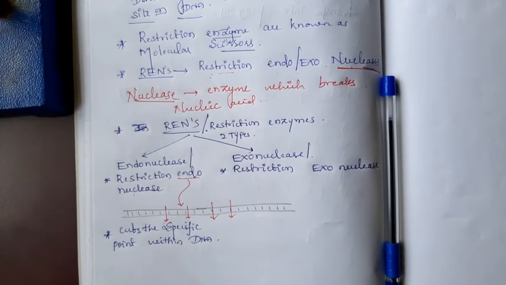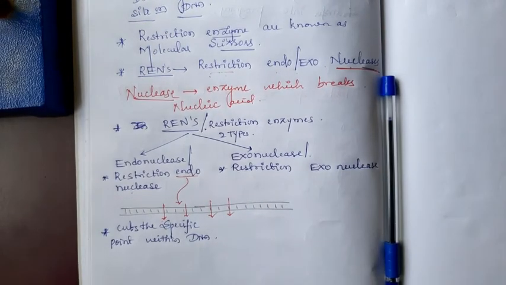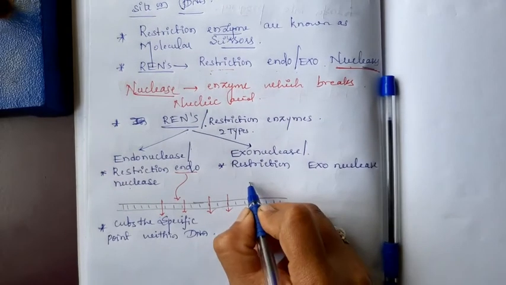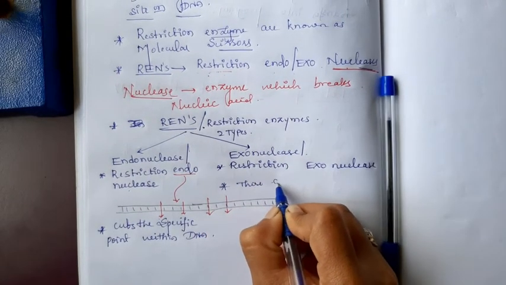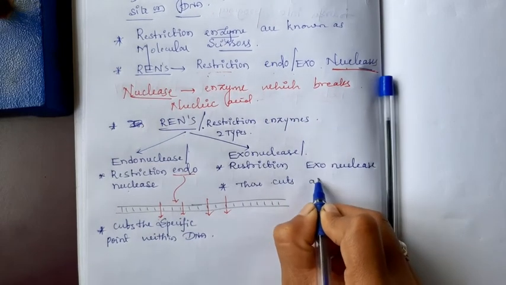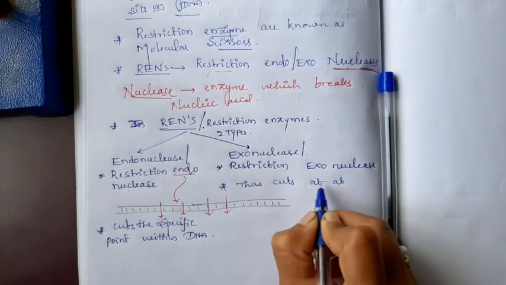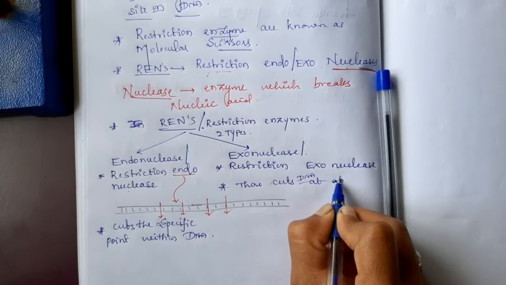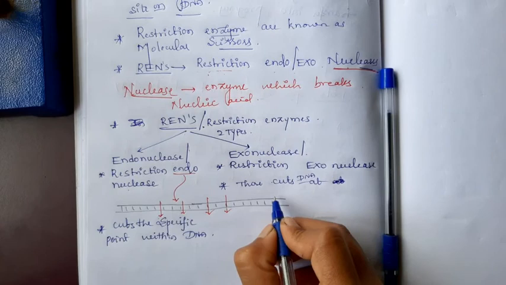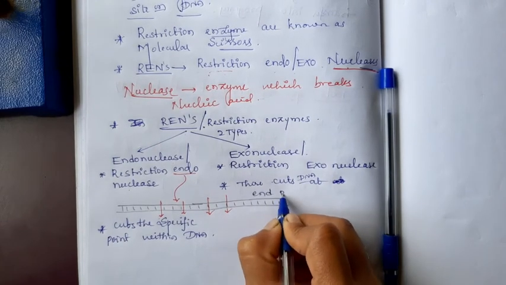Then the exonucleases are the enzymes, exo in the sense outside. These cut DNA at the end point.